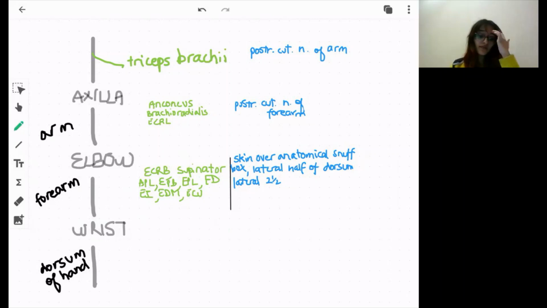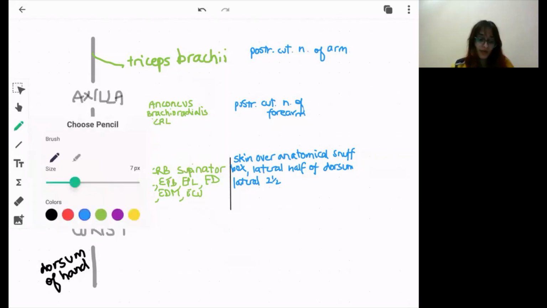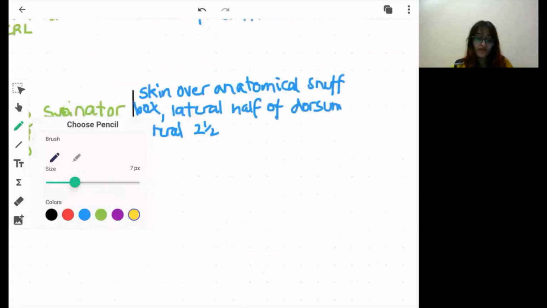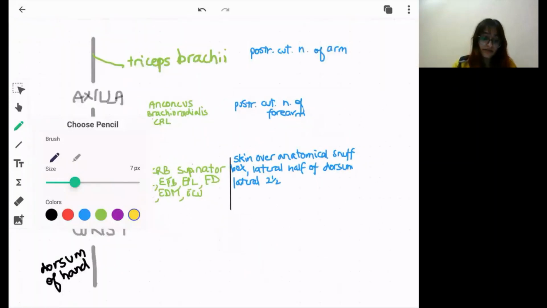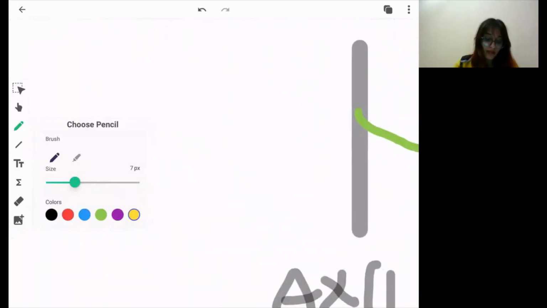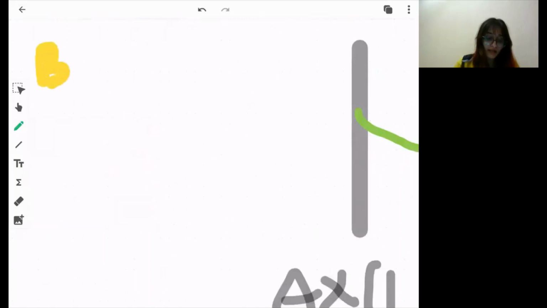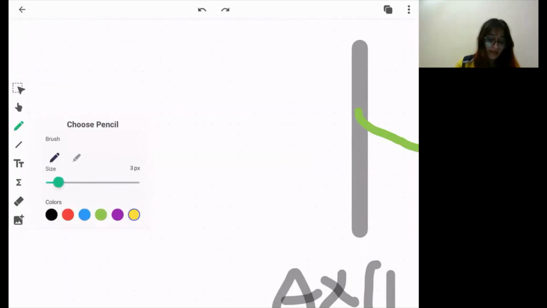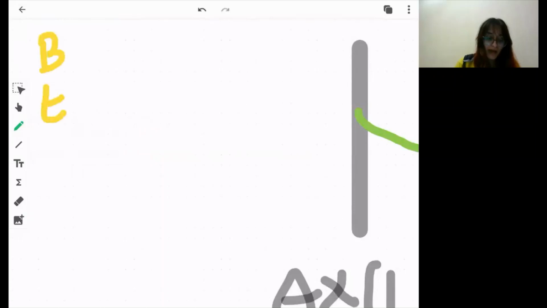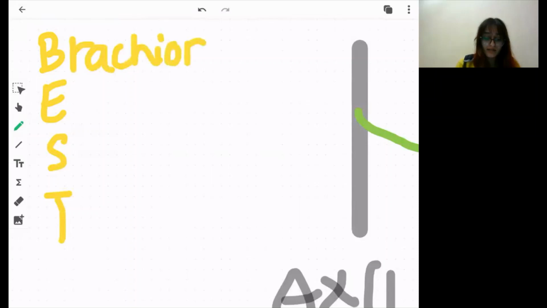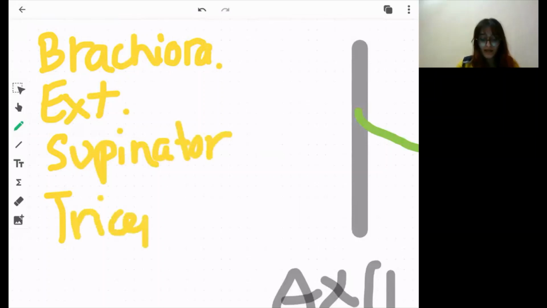So there's a very common mnemonic for the radial nerve. Okay, I'll write it here. That is "BEST": the brachioradialis, extensors, supinator, and the triceps.